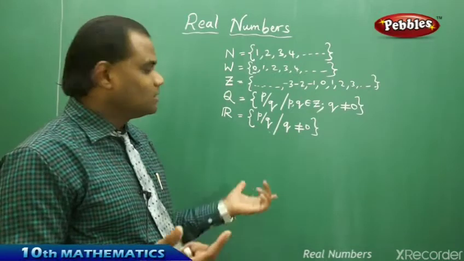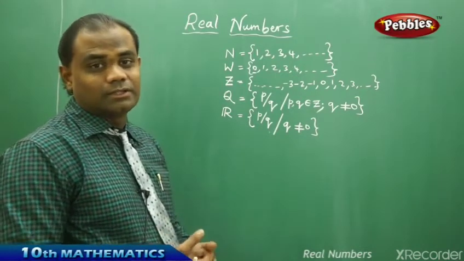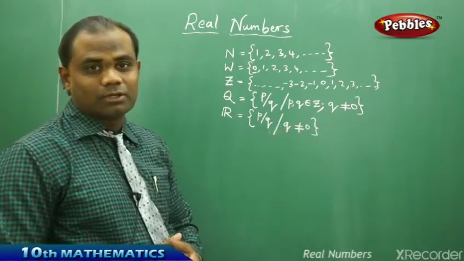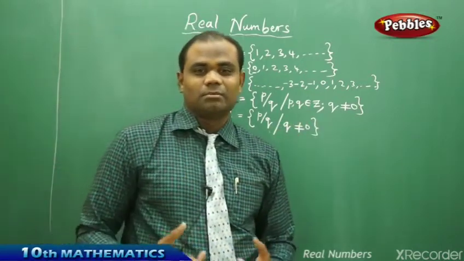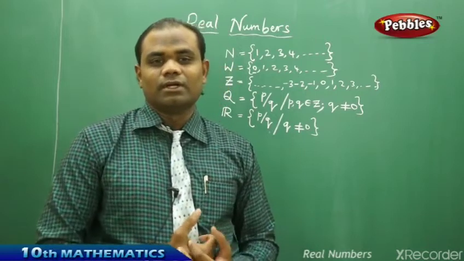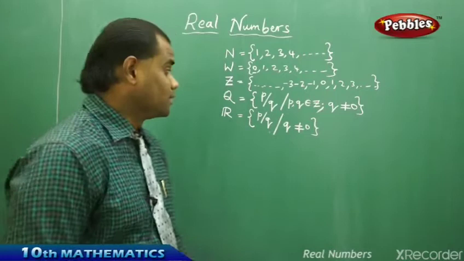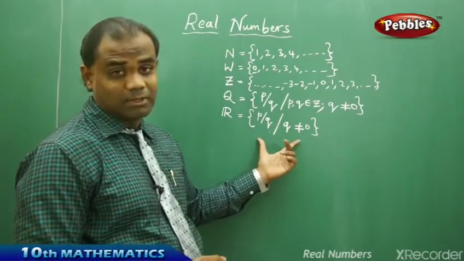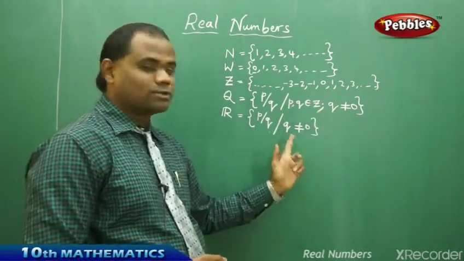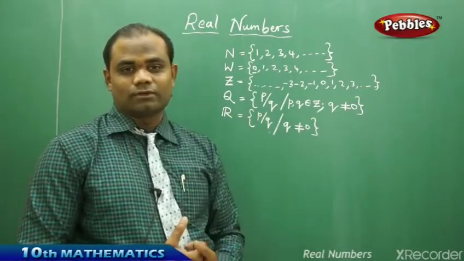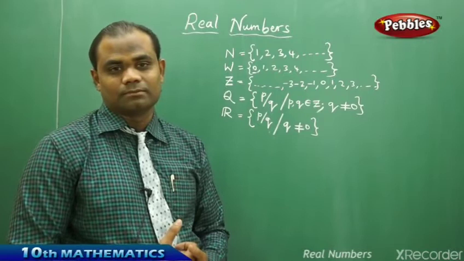They can also be any number which is not an integer. But in both cases, the rule is that q should not be equal to 0, because any number where the denominator is 0 is said to be an undefined value, and hence the restriction for both sets of number systems is that q is not equal to 0, and this is how I define each of the sets of numbers in the real number system.